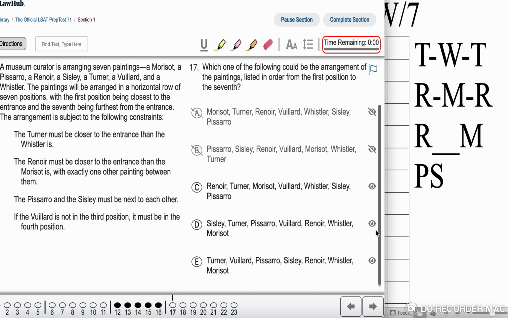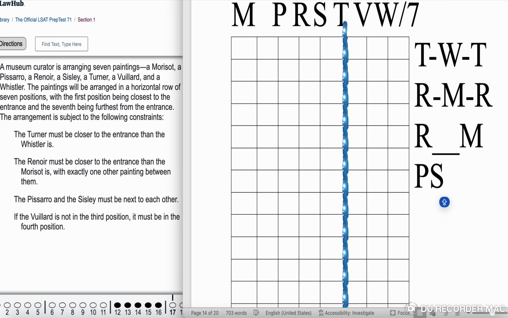They're not next to each other here, so get rid of choice D. Just to make sure the conditions hold: T closer than W, R closer to the entrance than M, exactly 1 space between R and M, and P and S next to each other. Not a problem.